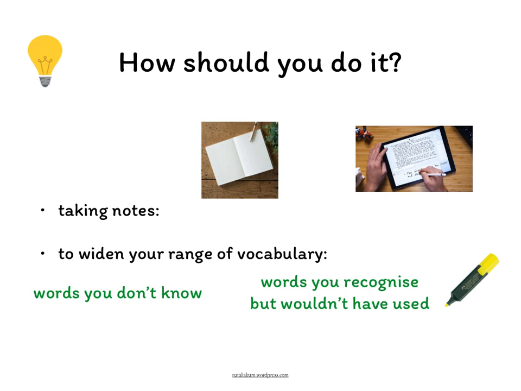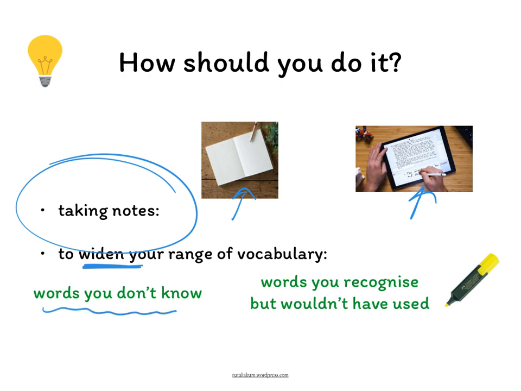Again, how should you listen to things? Listen to things, but taking notes. I can't stress this enough. Because if you take notes in whatever shape or form, it doesn't really matter, this is going to help you to widen your range of vocabulary. Take notes and write down words you don't know, words that you're not familiar with, but also words that you recognize, but you couldn't have used because they're not part of your active vocabulary at the time.